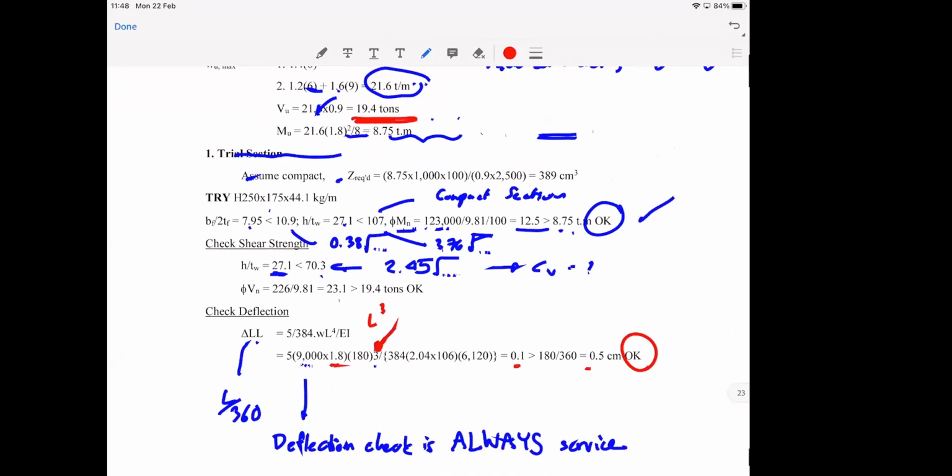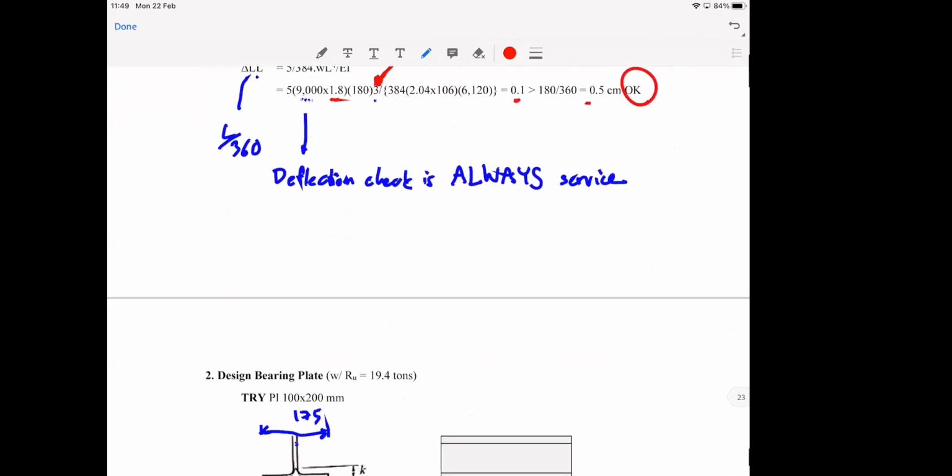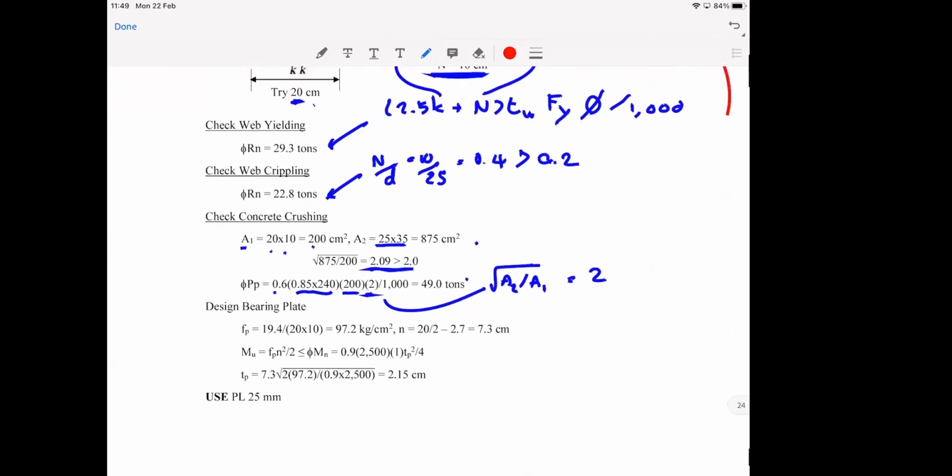That is the load. So when you design the structure, you use this load. You don't use this capacity to design the base plate. You use the actual load. Okay, and that is the size of the plate.